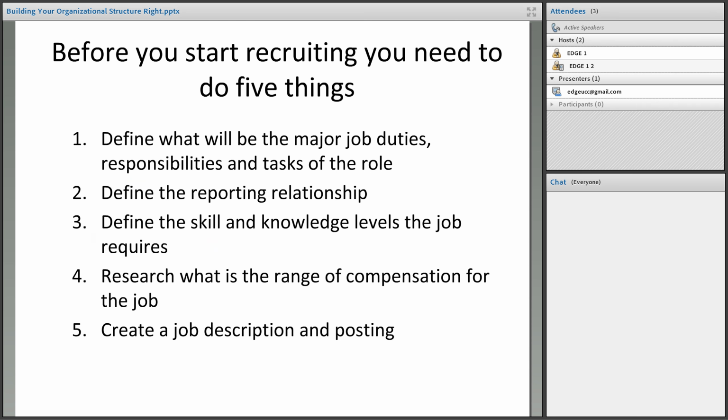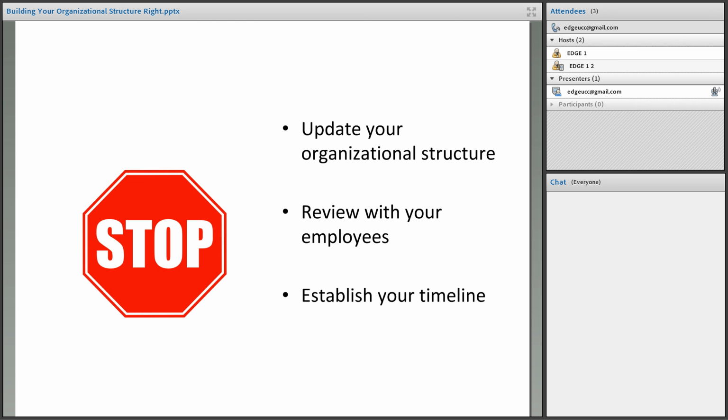So you want to make sure that you do get employee engagement when you are looking to also expand your organization.